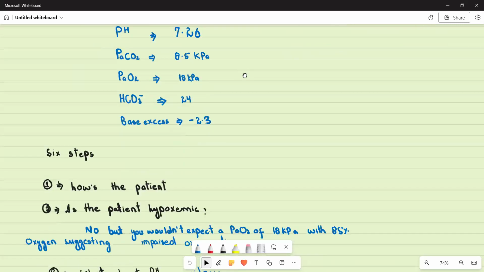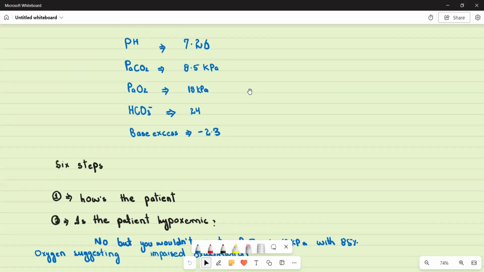This person was on 90% oxygen. So you would not expect her partial pressure to be 18 kilopascal. You would expect a higher partial pressure of oxygen. So it means that there is some impaired oxygenation going on. Something is wrong with her respiratory system. Okay. But she's not hypoxemic. Her partial pressure of oxygen in her blood is normal because you started her on supplemental oxygen.